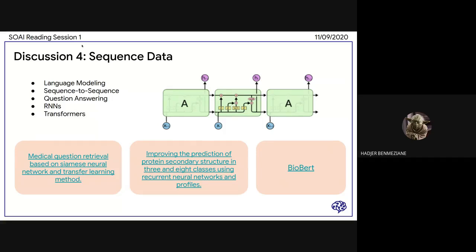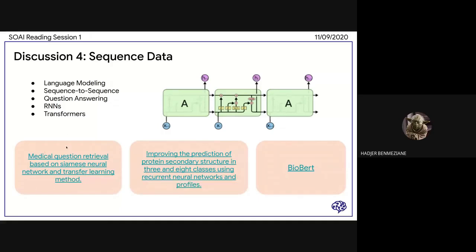I don't know if you have heard about XLNet or BERT. XLNet is based on a transformer. BERT is somewhat based on a transformer with some RNN in it. BERT is also another interesting paper to read.